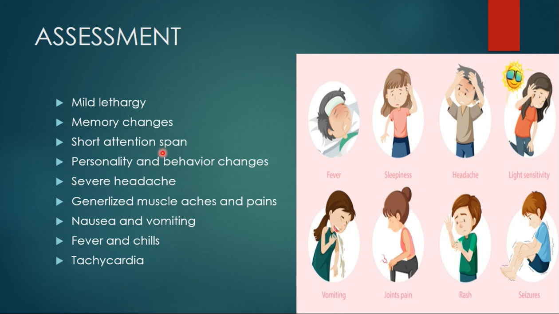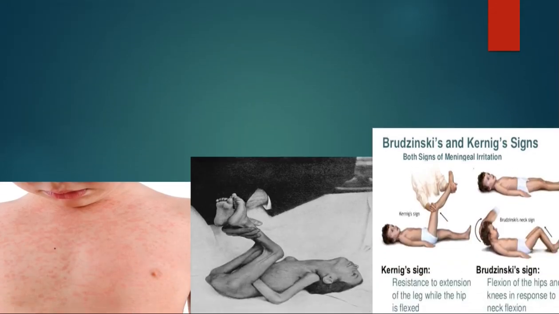So memory changes will be there, short attention span, personality and behavioral changes, severe headache, generalized muscle aches and pains, nausea and vomiting, fever and chills, tachycardia, that means rapid heartbeat.